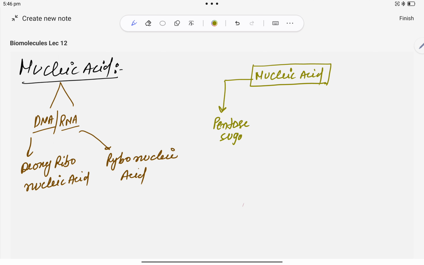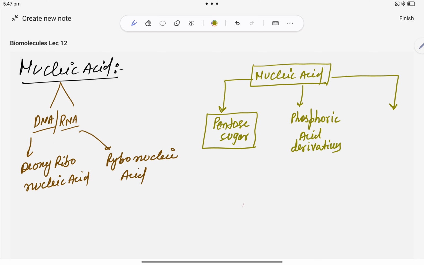Second is phosphoric acid derivative. And the third is nitrogenous base.